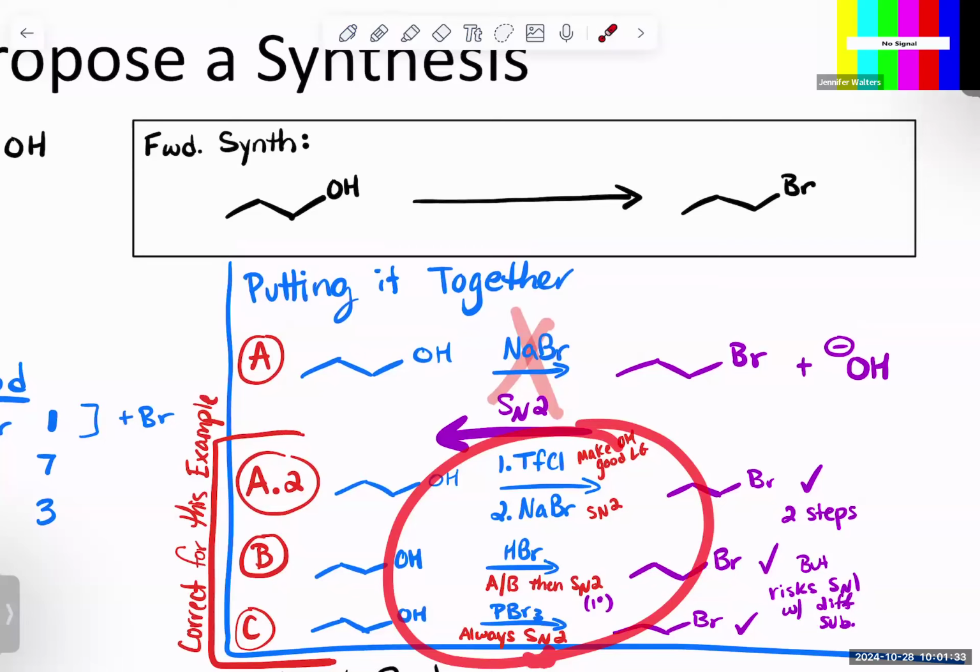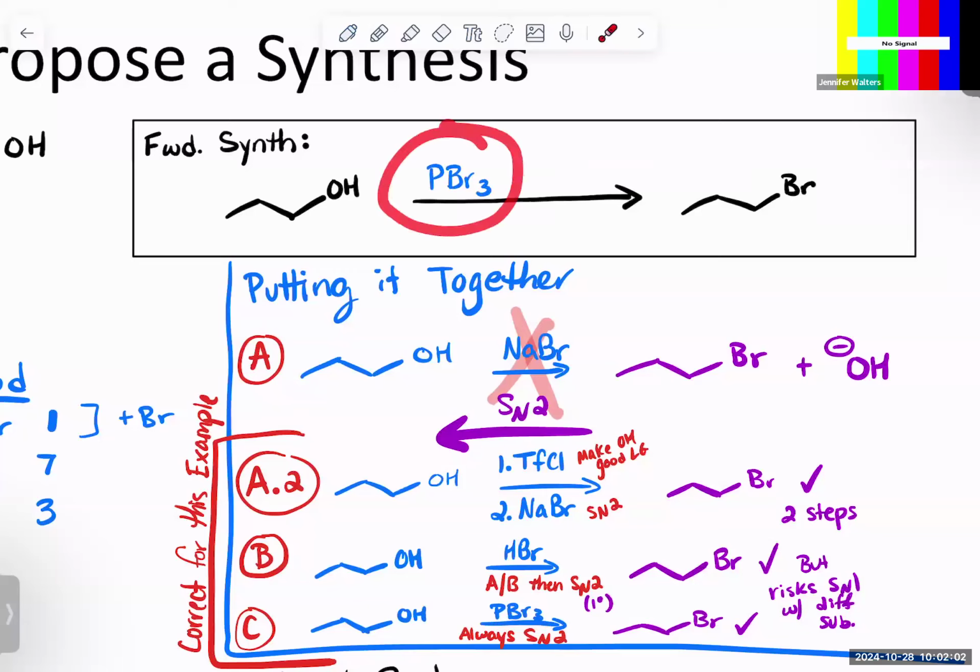So if I need to include solvents, let's think of reasonable solvents. So if I'm wanting to do SN2, what kind of solvent do I most likely want? Some aprotic solvent. And so then you just pick whatever is your favorite aprotic solvent. Usually when you have halogens, you will typically pick a halogenated solvent. It doesn't matter. But let's say you do PBr3, because you think, all right, this is the reagent I always use to turn an alcohol into a halogen, or thionyl chloride.